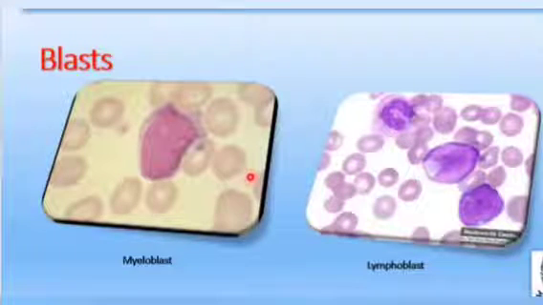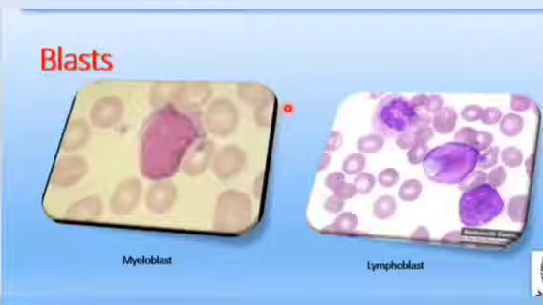Now, the next thing is you are looking for blasts, and we all know that we have myeloblasts and lymphoblasts in the bone marrow. If the bone marrow contains an excess of blasts, that is more than 5%, then give their morphological description and their differentiation between myeloblast and lymphoblast. You will write the morphological features of myeloblast and of lymphoblast.